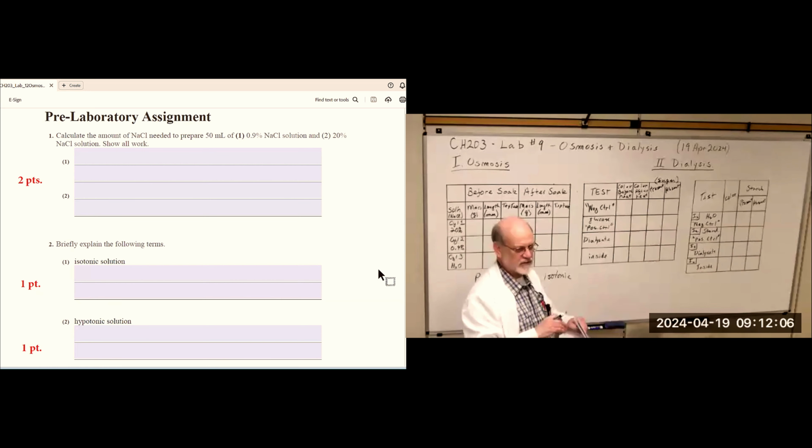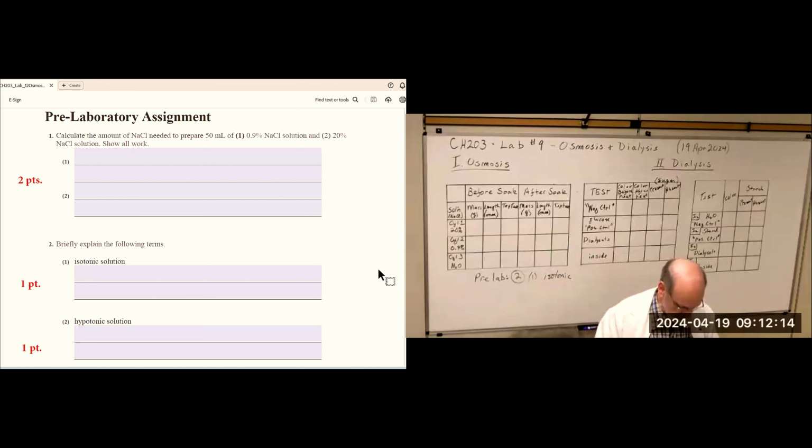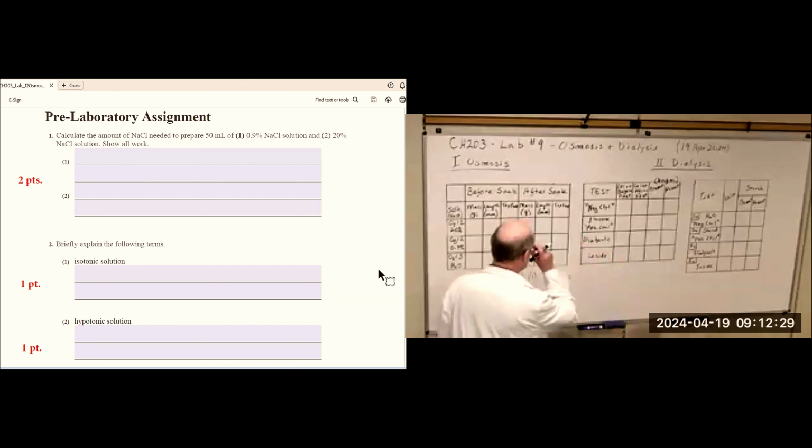So you've never been introduced to the idea of tonicity? No. Okay. Well, let's go to, here it is. Beginning on the first page, it's talking about osmosis.